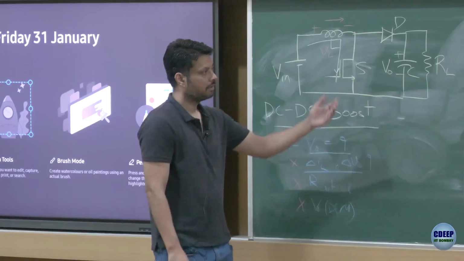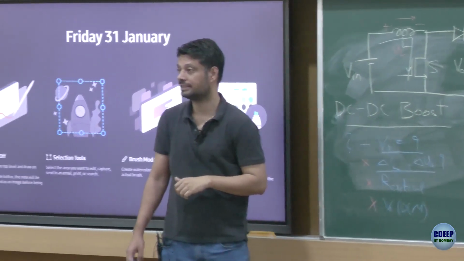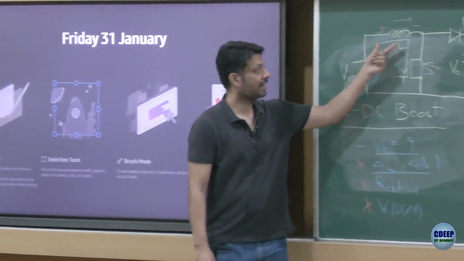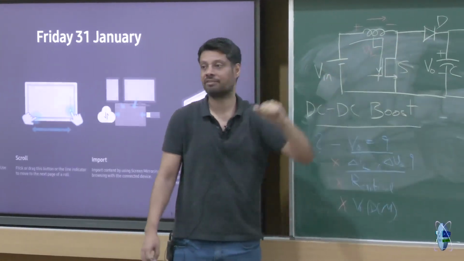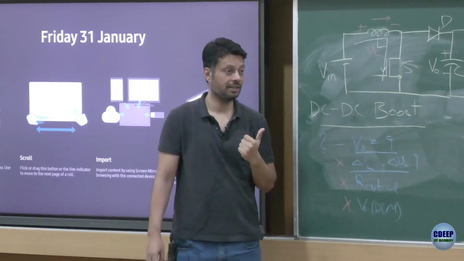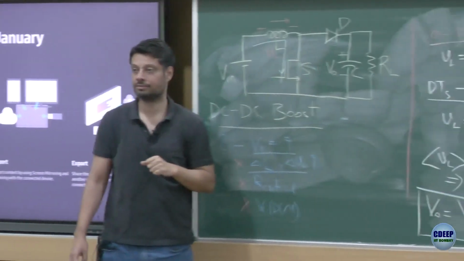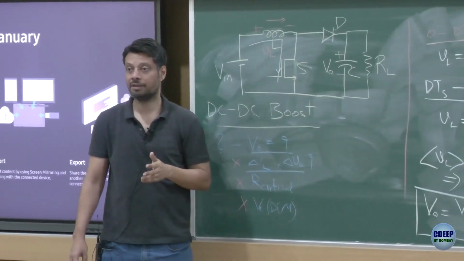Alright. In this case, the other thing which you should notice is that the average inductor current is no longer equal to the average load current, which was the case in the previous converter, right? Is that okay?